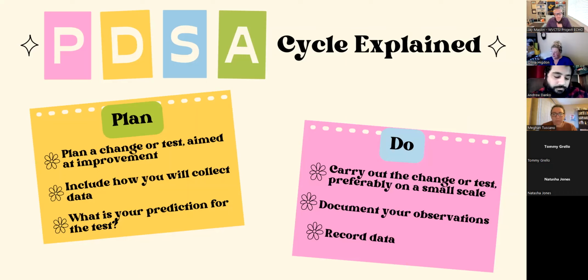That's probably in that portion the most difficult part, making sure that you're documenting all your observations and recording your data. That data is what's going to help you in the next section, and it's going to help you to determine whether or not you want to keep what you're doing, change it, and things like that. So that part is really important.